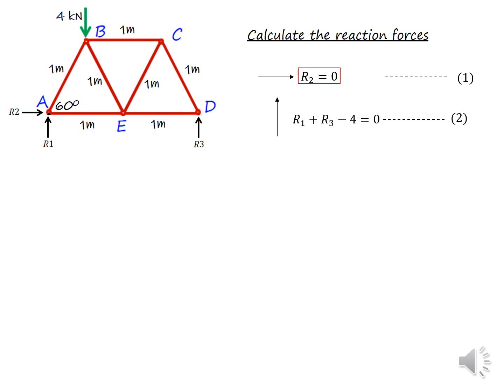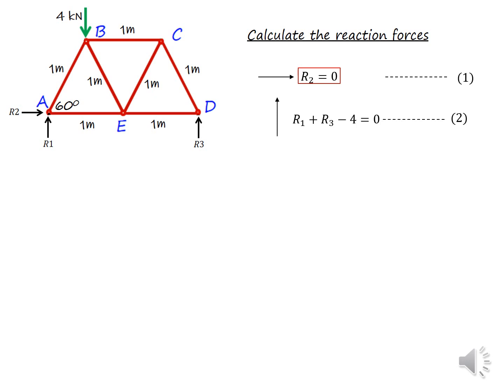The second equilibrium equation: all the force components adding in the vertical direction should be equal to 0. Now what are the vertical force components? R1 at A is a vertical force, and R3 is again a vertical force component acting at D, and there is a 4 kilonewton external load acting at B downwards.